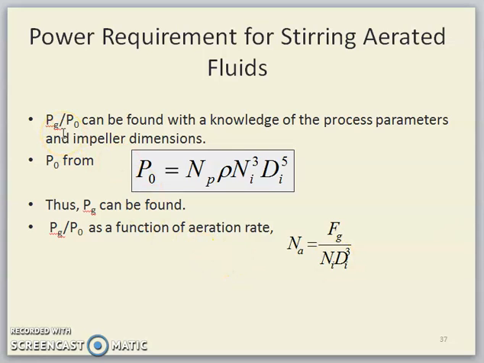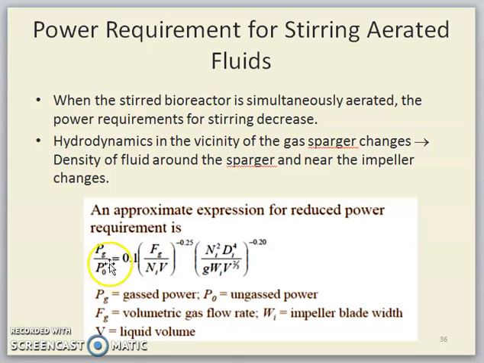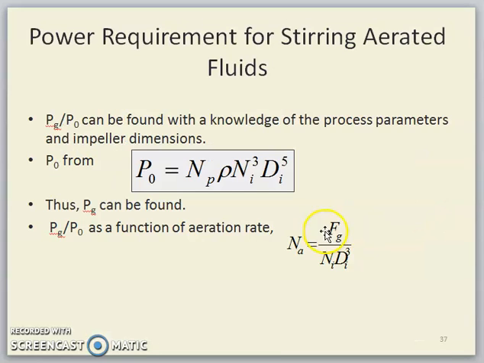P_g over P_0 can be found with the knowledge of process parameters and impeller dimension. P_0 is from the equation P_0 equals N_P rho N_I cubed D_i to the power of 5. Thus, we can find P_g from the equation previously, when you have this P_0, because all the dimensions of the reactor you can calculate and you can design.